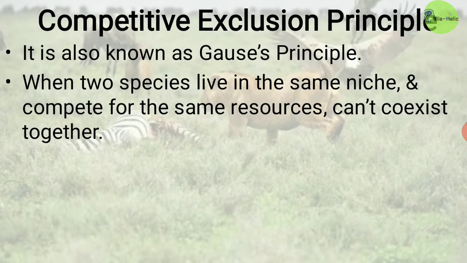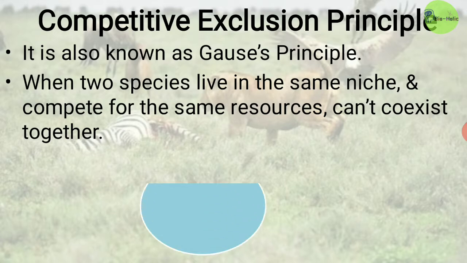Now there are some outcomes of competition. So the first outcome is the competitive exclusion principle, which is also called Gause's principle, as the scientist Gause discovered this principle. So according to this principle, when two species that live in the same niche or functional area and compete for the same resources, then they cannot coexist together.